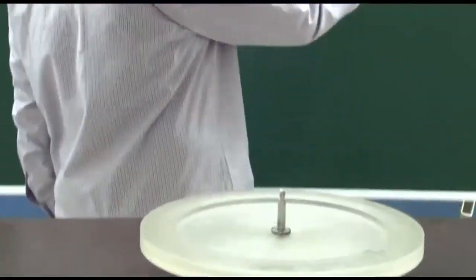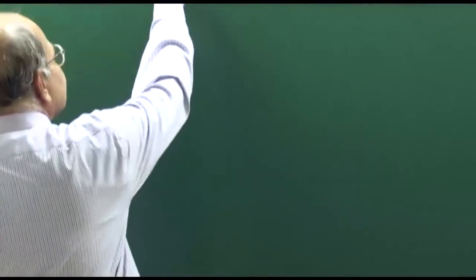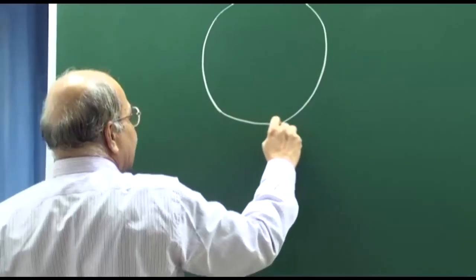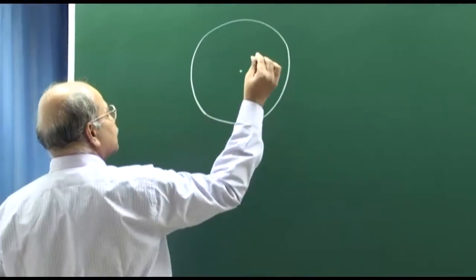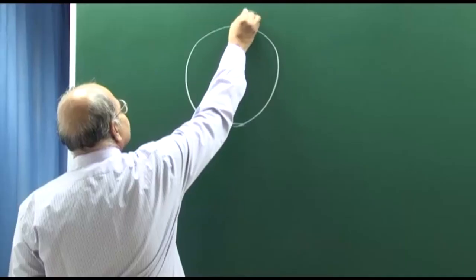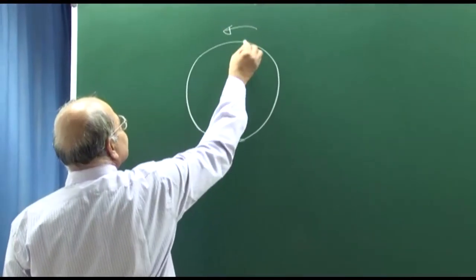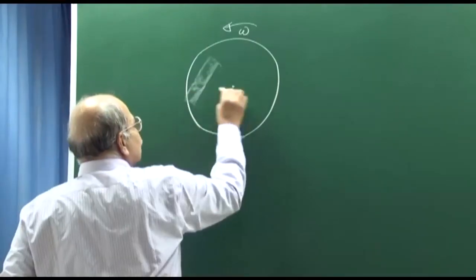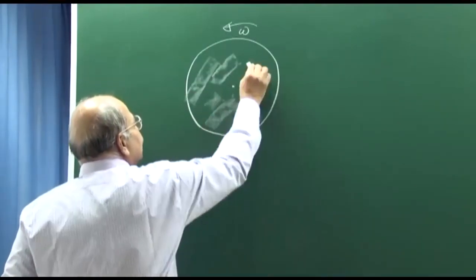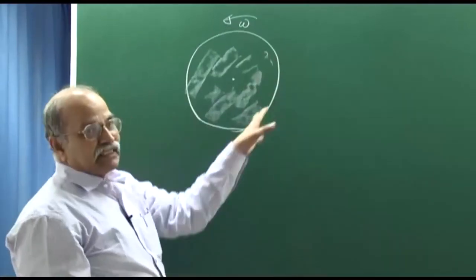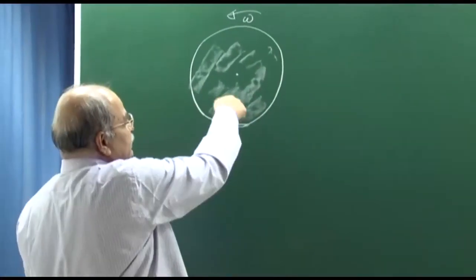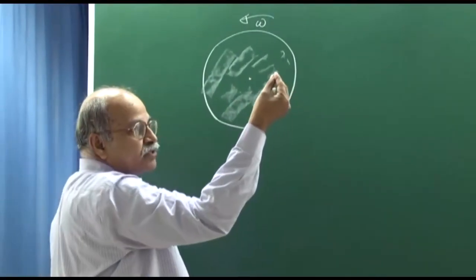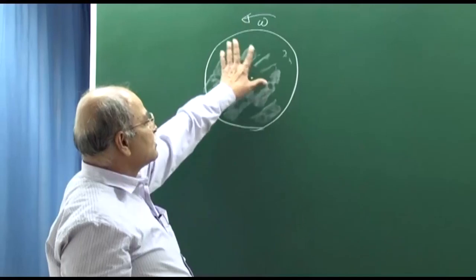So, if I draw the diagram, let us say this is that disc, and here is the axis of rotation of this disc, and it is going with some angular velocity omega. This whole disc is rotating in the lab frame. If it is going anti-clockwise, this angular velocity vector is coming towards us, perpendicular to this plane.